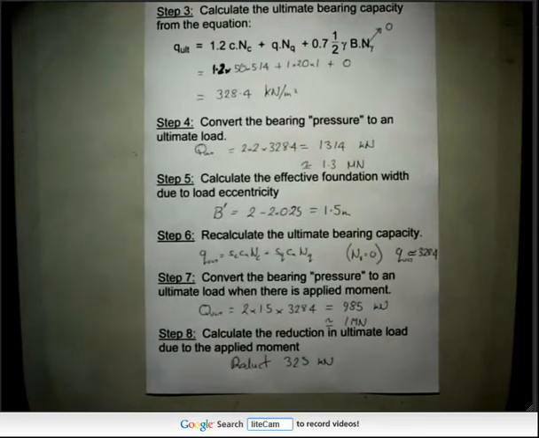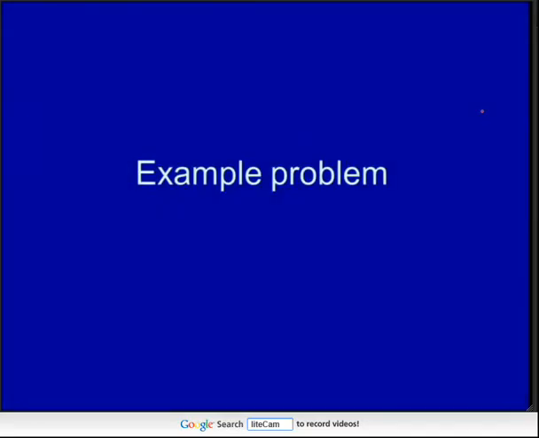Okay, any questions before we briefly move on? Well, I'm hoping, if I've done it correctly, that the reduction minus the other load.